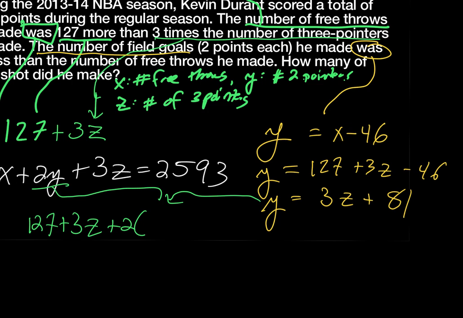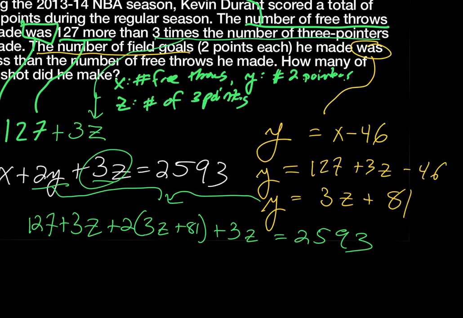This is going in for the y. 3z plus 81. Then this 3z comes down just as its own, plus 3z equals 2593. So it's finding a way to combine equations to eliminate all but one variable.